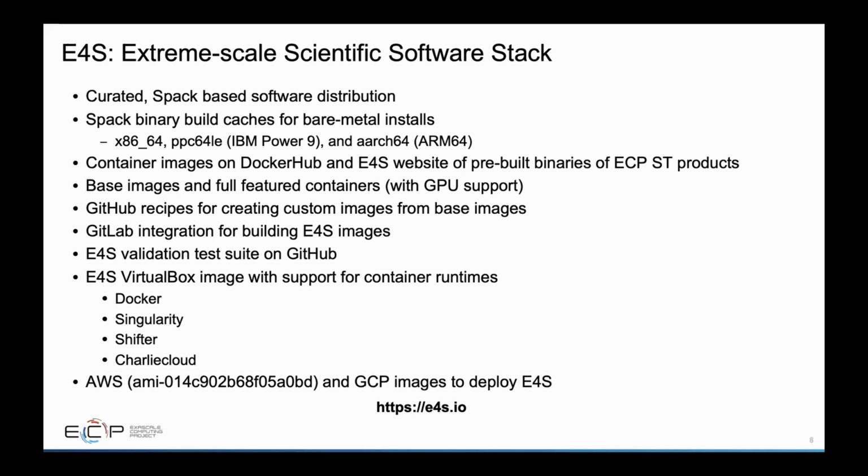And these include Docker as well as Singularity images. We have base images so that you can create your own custom image from there. And also we have a full-featured container image with GPU support. So if you were using this on a PPC-64LE platform, you will be able to just use this with support for NVIDIA GPUs, for instance.